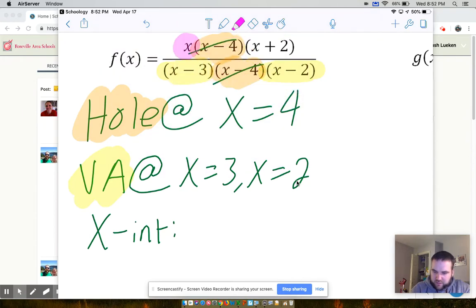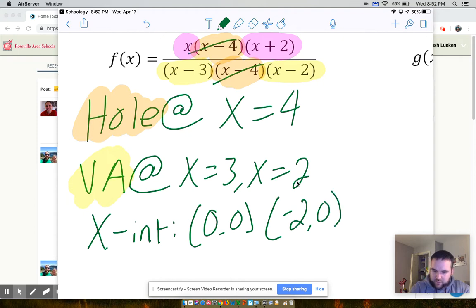So the remaining factors in the numerator are going to be the x-intercepts, which are 0 because of this. And then this one, the x value that makes 0 is -2. So I have (0, 0) and (-2, 0), and those are my x-intercepts.